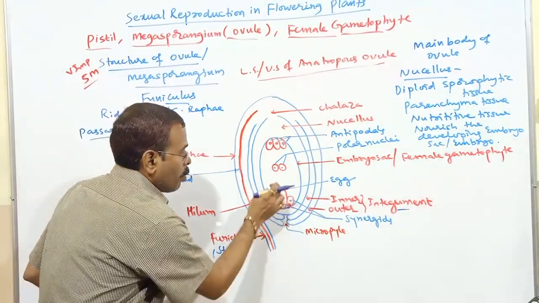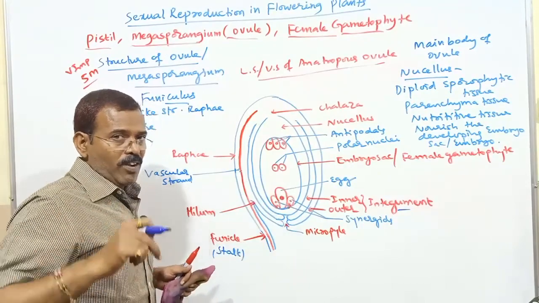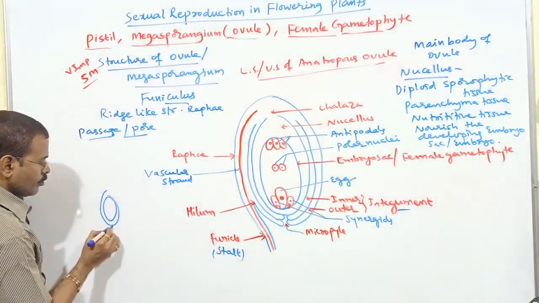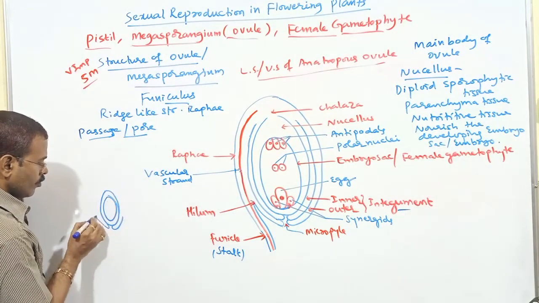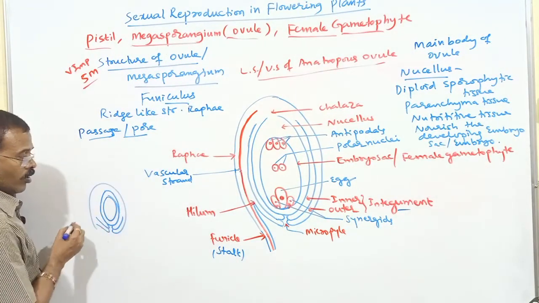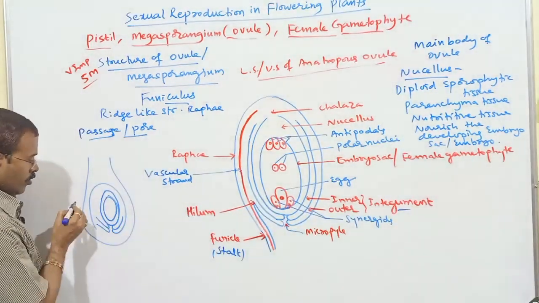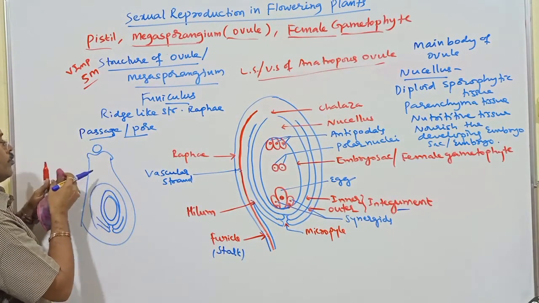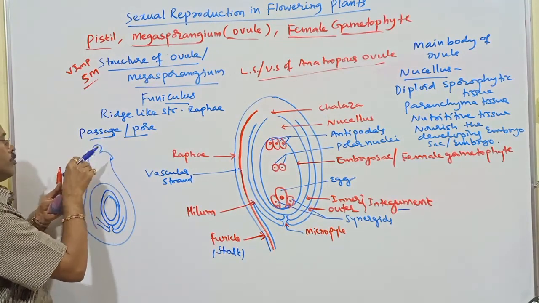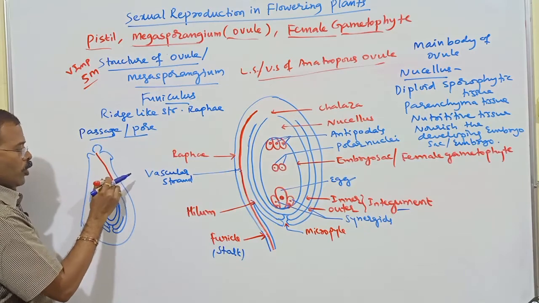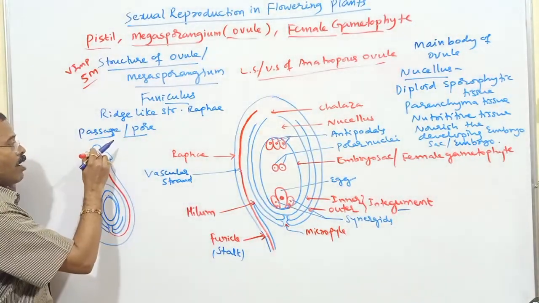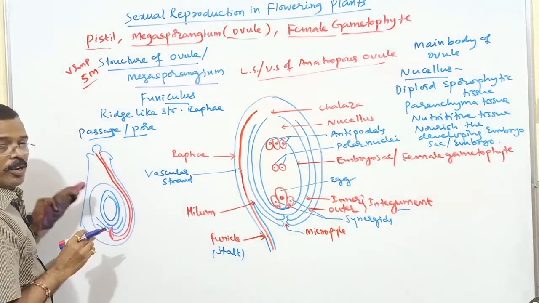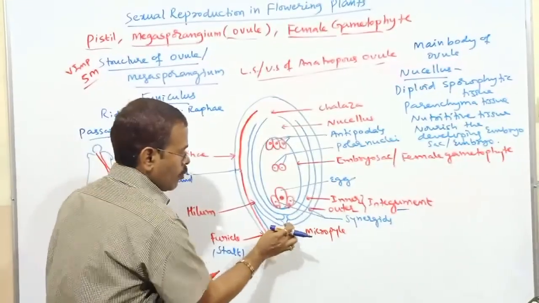Micropyle plays a very important role in the ovule. When the pollen tube is formed carrying the male gamete, its entry will be through the micropyle.